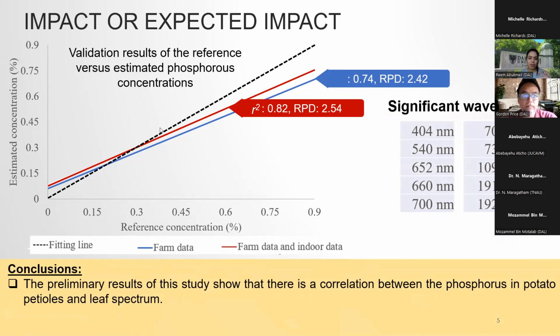And quickly, as you notice, the red line is closer to the black line, which confirms that increasing the variation of the data sets is very important for model performance. It means that we need to maximize the concentration range of phosphorus and not only depend on the outdoor farming, because they only use the standard application of fertilizer.